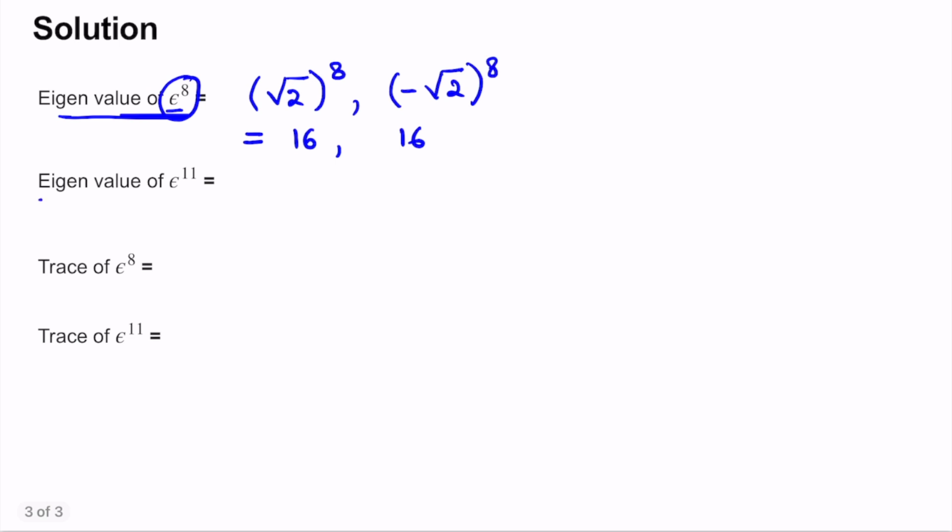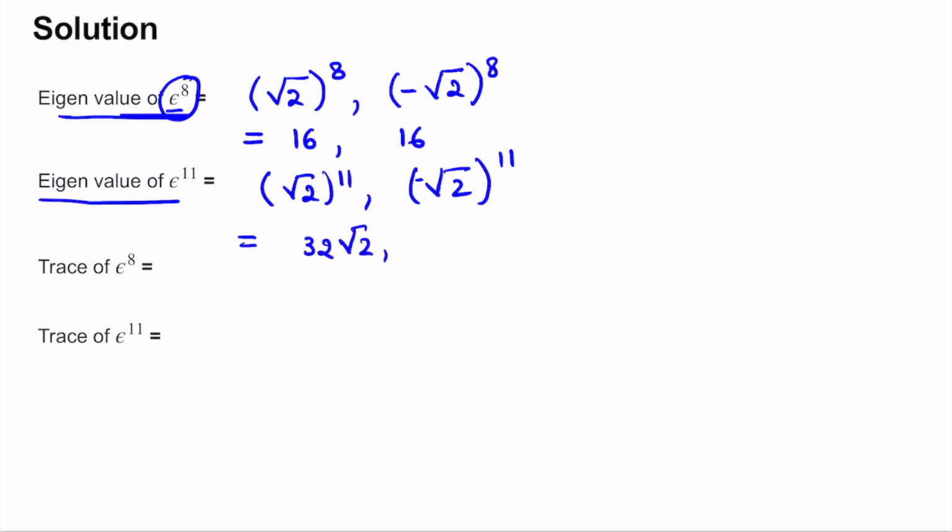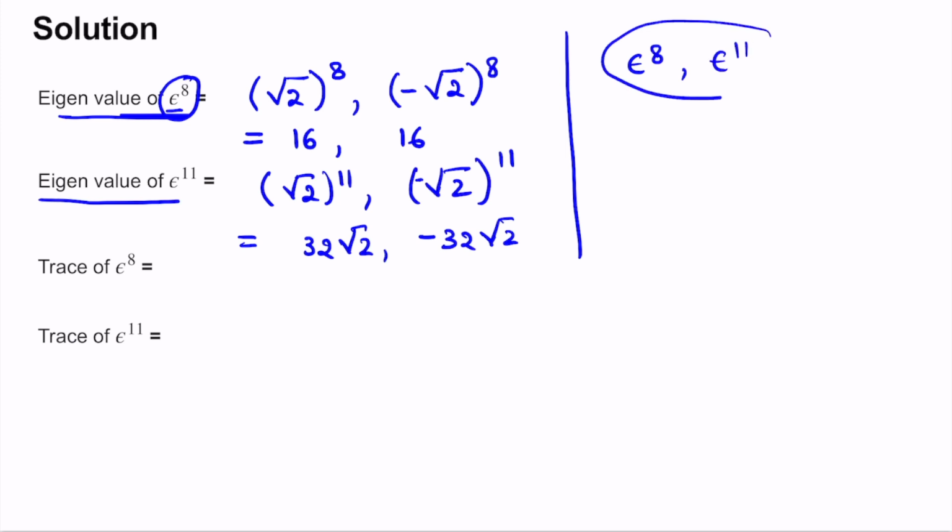Now similarly, the eigenvalues for epsilon to the power 11 will simply be the 11th power of lambda 1 and lambda 2. So it will be root 2 to the power 11 and minus root 2 to the power 11. So it will be 32 root 2 and minus 32 root 2. So now we know the eigenvalues for epsilon to the power 8 and epsilon to the power 11.